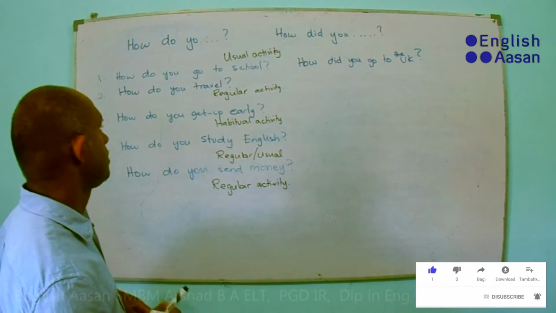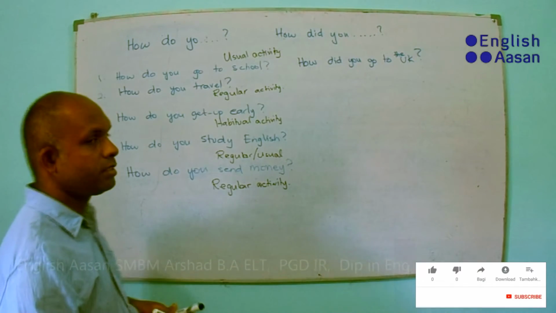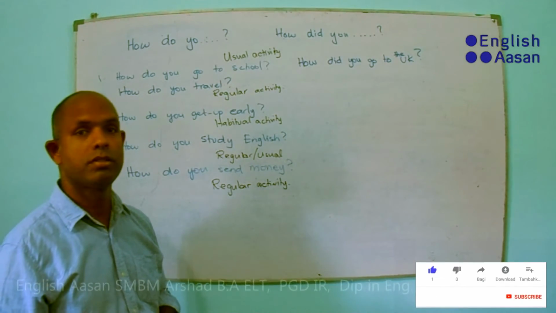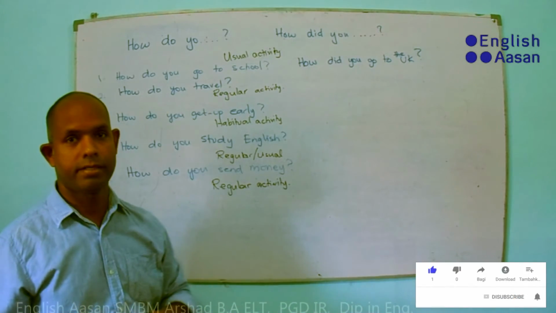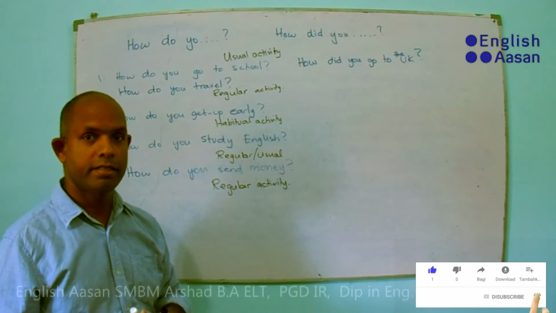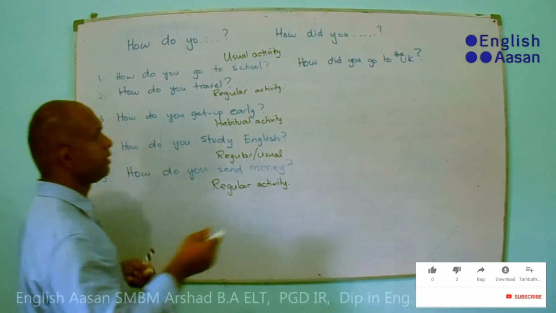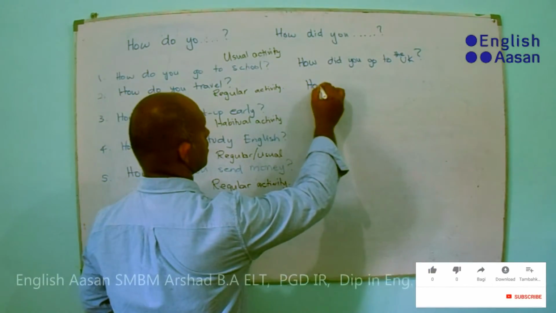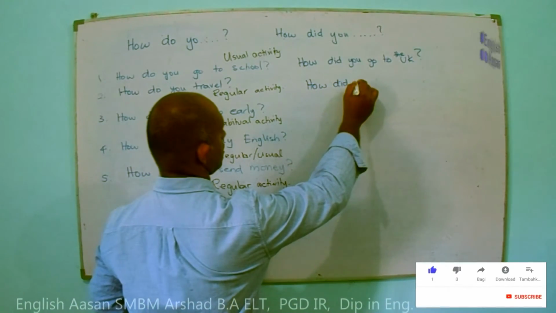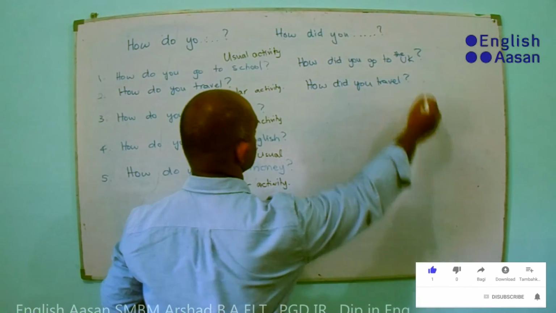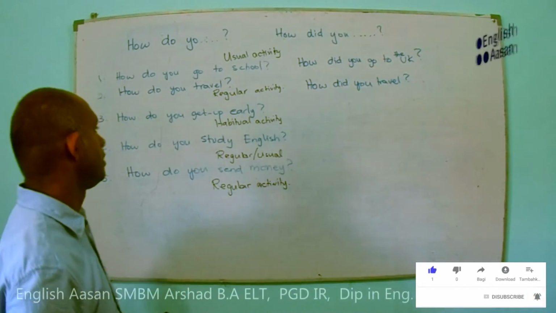So how do you travel? This is a regular activity. So how did you travel from one place to another place? So in the travel, the journey is completed, mudinja journey. So how did you travel? Completed journey.